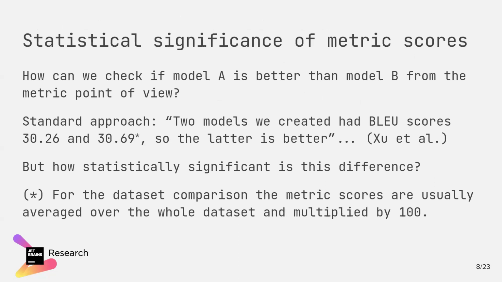All right, the second issue with the metric pertinence and the comparison of metric scores is the issue of statistical significance. The current way of using metrics for model assessment assigns a single number to each model output on the test dataset. So we average the metric score over the whole dataset, and we say that this is the result.